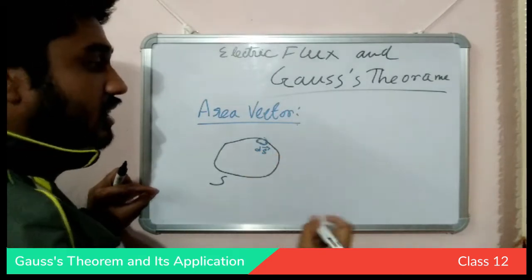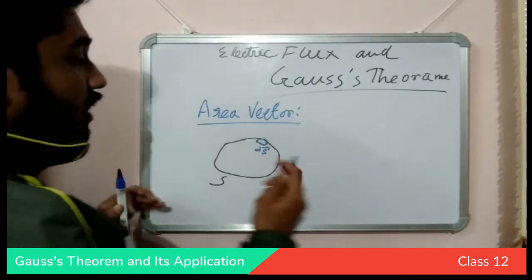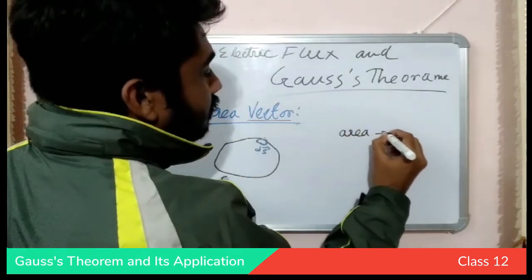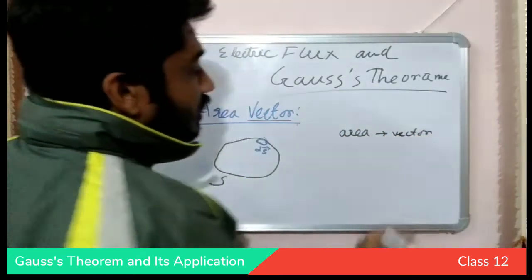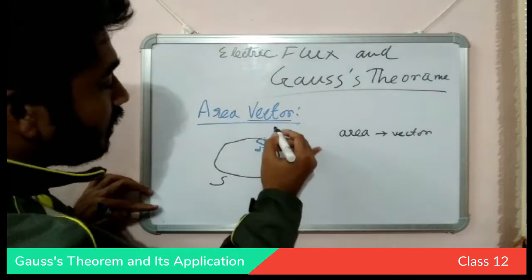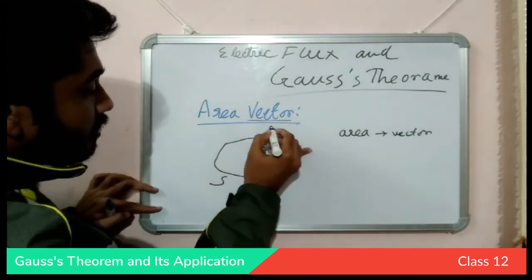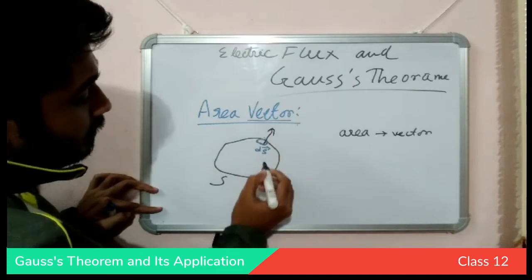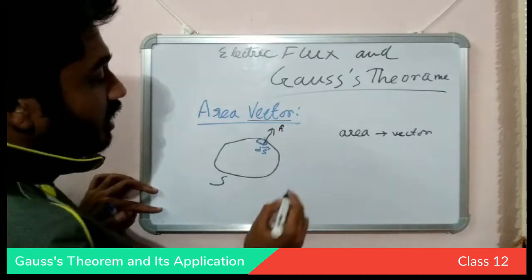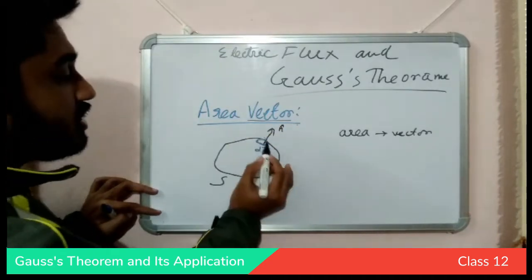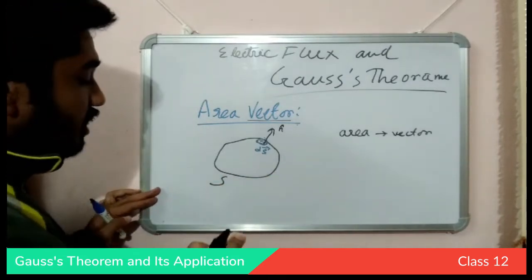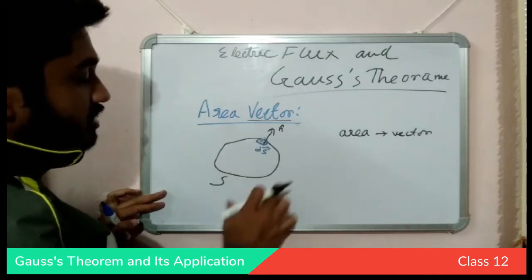The area is taken as a vector, and the direction of this vector is perpendicular to the surface, always in the normal direction. ds is the infinitesimal, the smallest possible area of this surface.